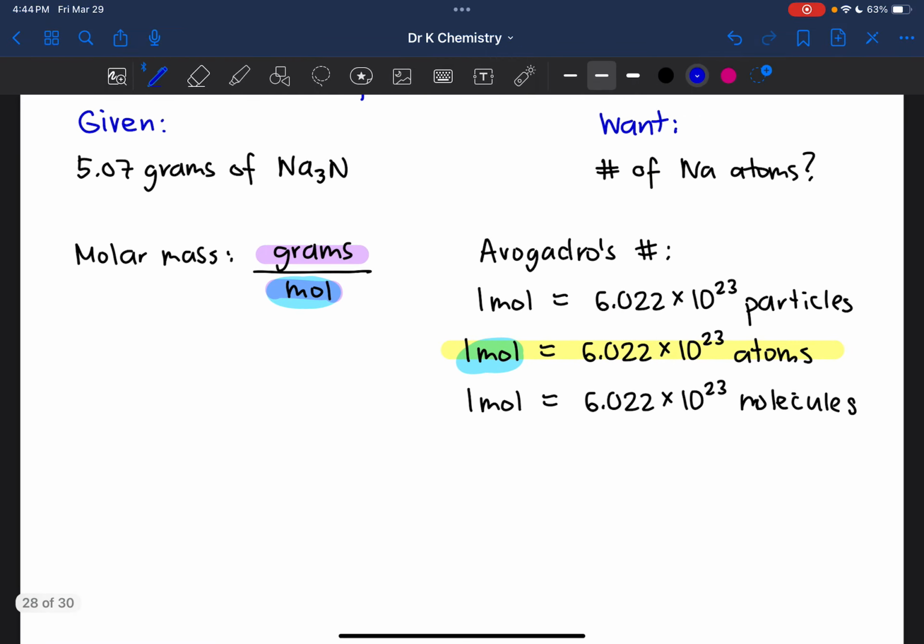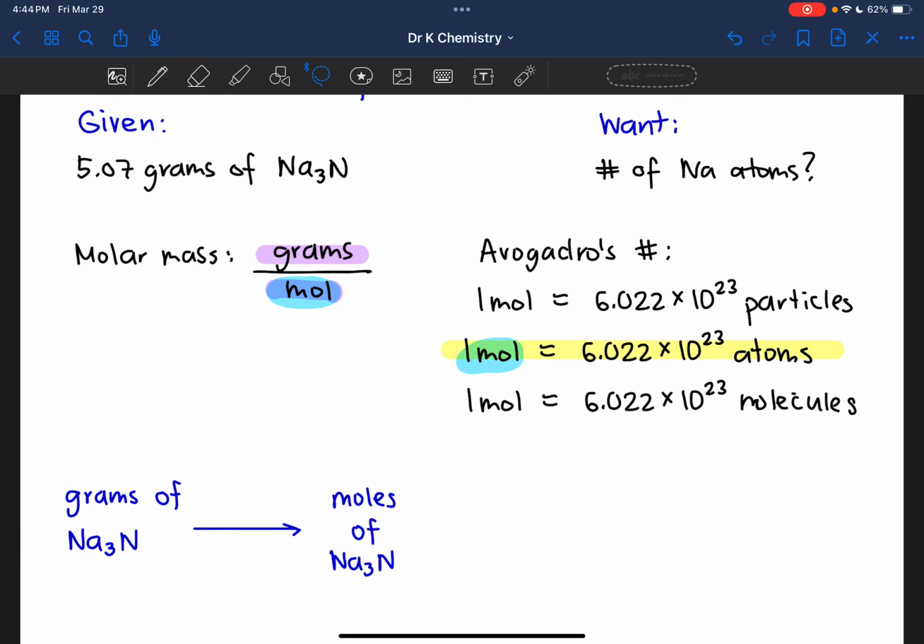Okay, so I have grams of sodium nitride. And I know that the only way I can build a connection to atoms of sodium is I have to get into moles somehow. So the first thing I'm going to do is get to moles of sodium nitride. So that's the first place I have to go.